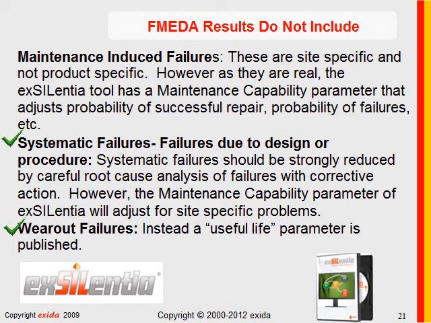Instead, a useful life parameter is published. 61511 says that useful life parameters must be published by manufacturers, and 61508 said useful life parameters must be established, and 61511 says you must do predictive maintenance, replacing or refurbishing equipment when the useful life has expired.